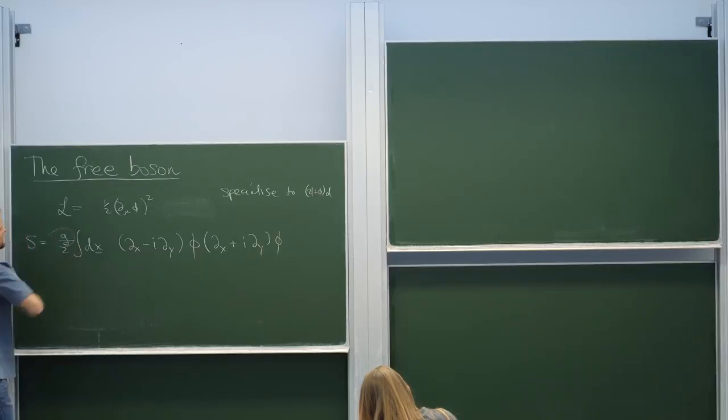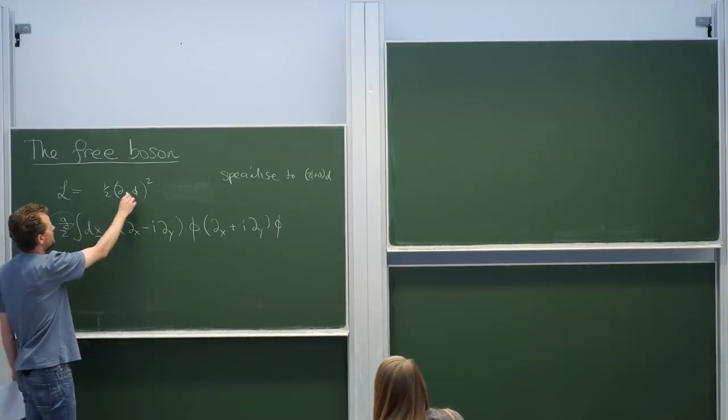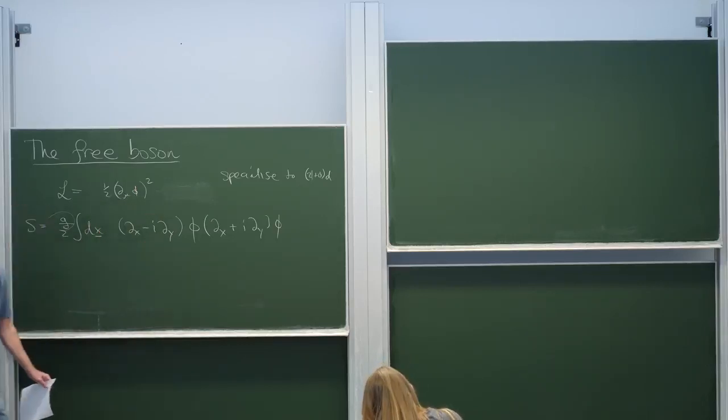We've just got this constant factor g over 2 here for convenience. It plays no role in the classical dynamics, but it could potentially play a role in the quantum dynamics when you put this in the path integral. So you can check just by substituting that in here and expanding and integrating by parts that you'll get the right answer.